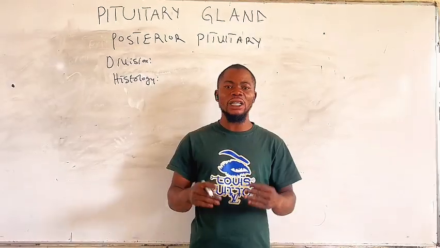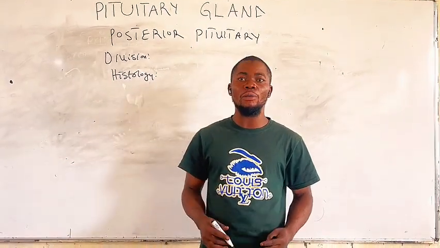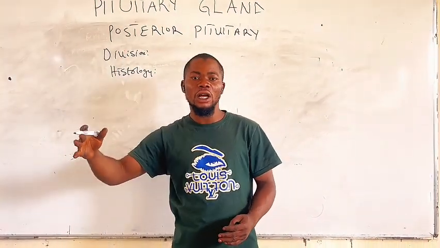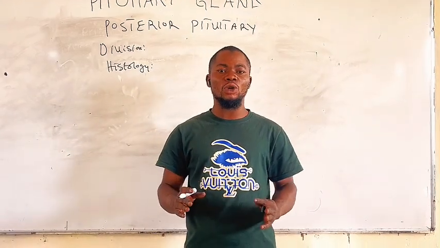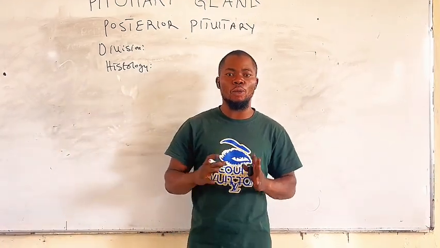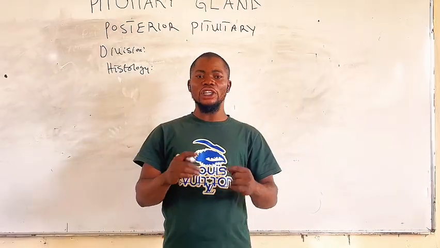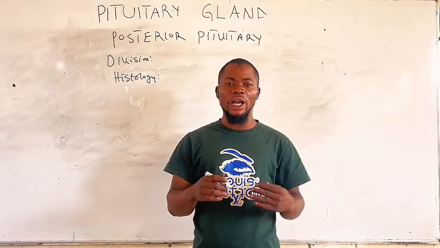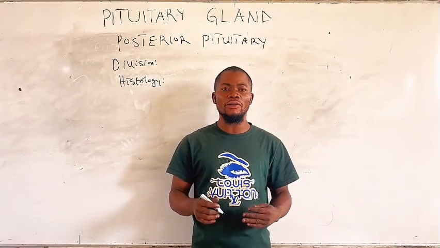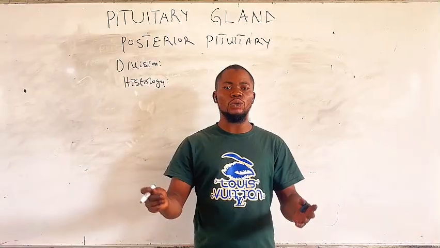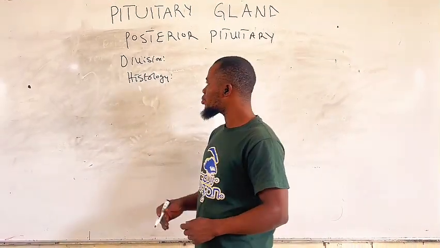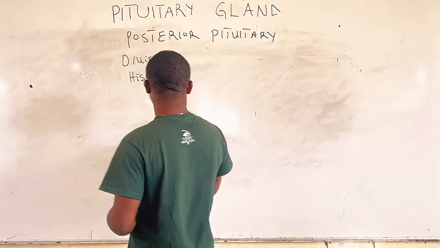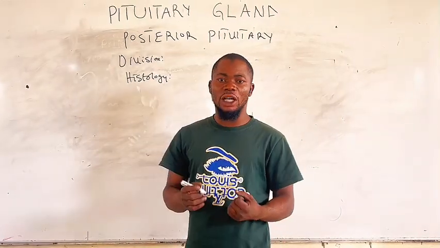While the unmyelinated nerve fibers arise from the supraoptic nucleus and the paraventricular nucleus of hypothalamus, and they are the fibers that secrete the hormones. In addition to these pituicytes and unmyelinated nerve fibers, they also have mast cells, blood vessels, and other types of cells as well. That is on the histology of the posterior pituitary gland.